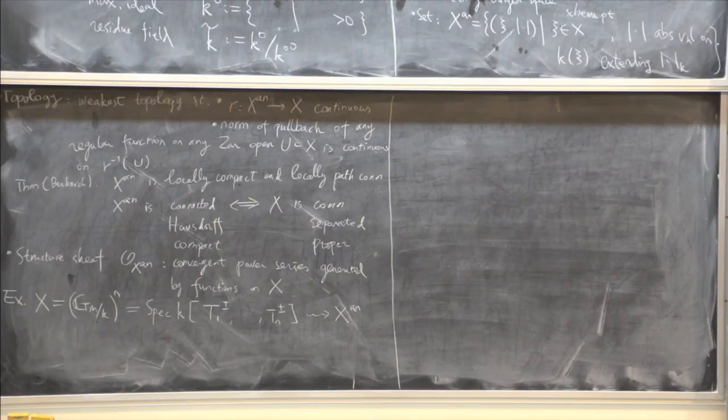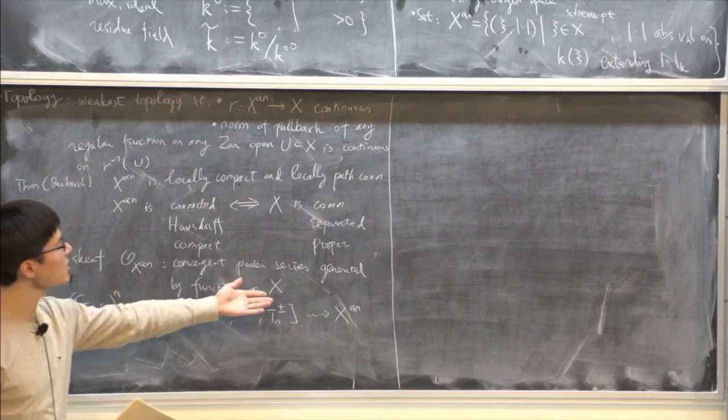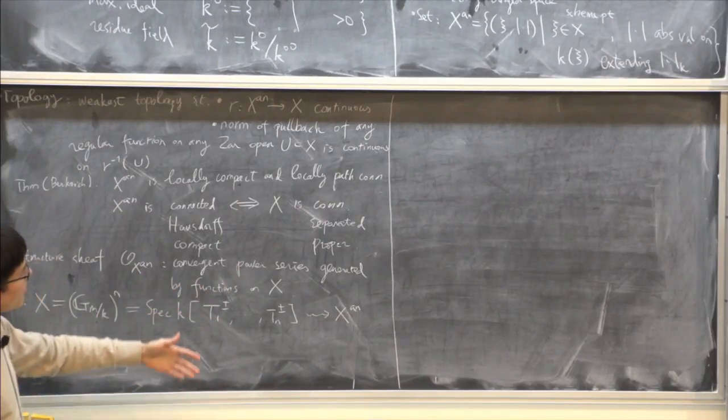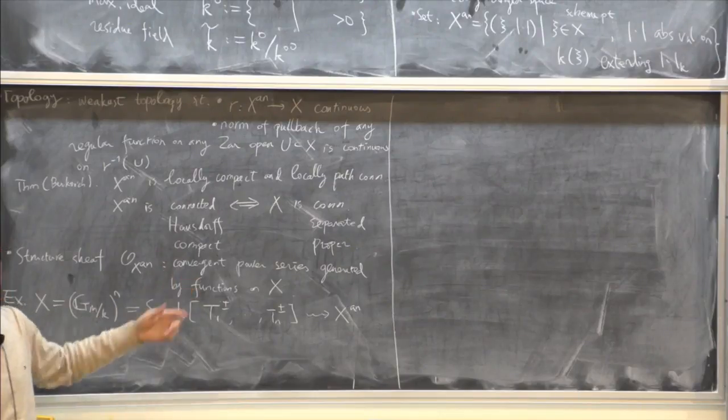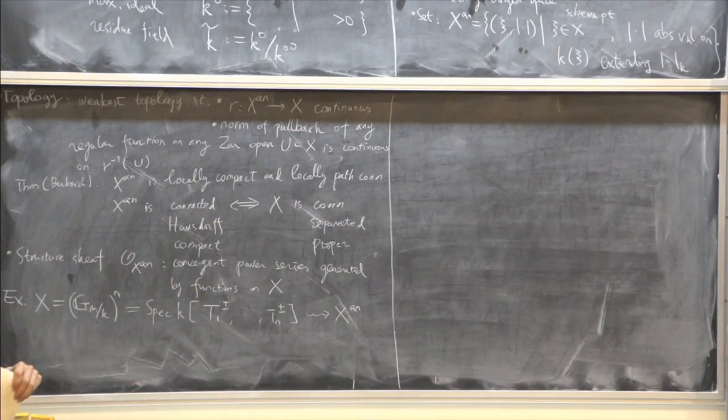It's not completion, you need convergence. But the point is that convergence involves absolute value, and that's why it's on X.